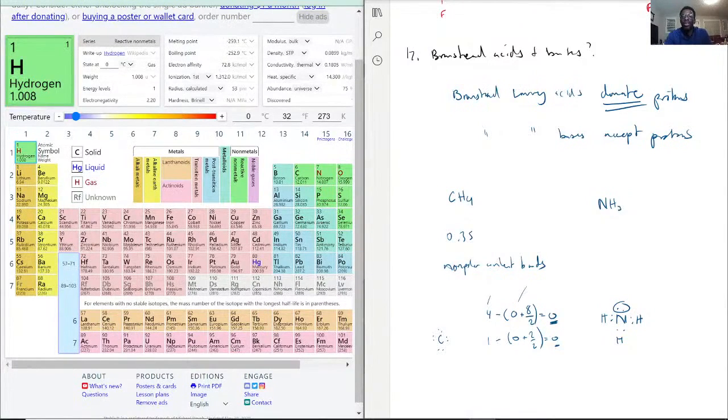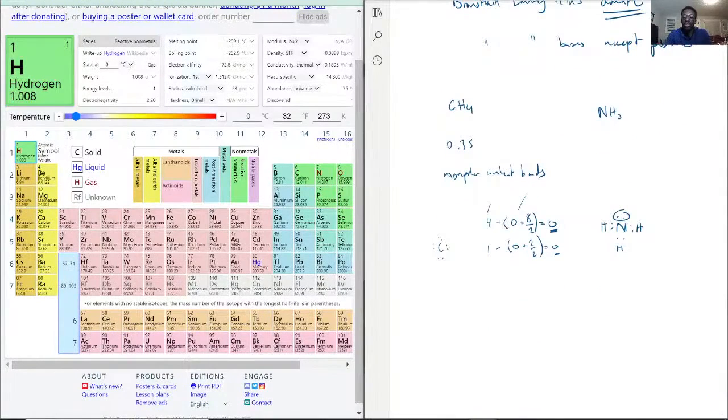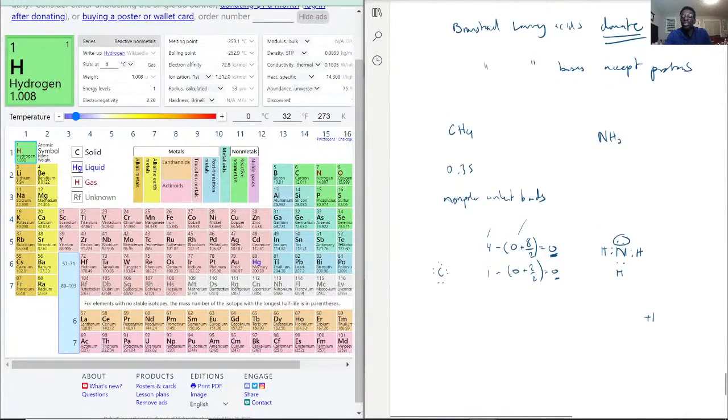Now, although when it accepts a proton, the nitrogen becomes +1 for its electron number, to nitrogen, that is worth it because of not necessarily the electronegativity, although that does play a part, but more specifically the hydrogen bonds.